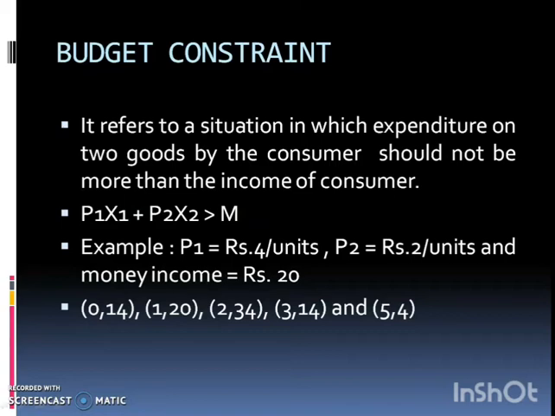For example, if the price of good 1 is rupees 4, the price of good 2 is rupees 2 and the money income is rupees 20, then bundles such as 0, 14; 1, 20; 2, 34; 3, 14; and 5, 4 are not attainable, because the expenditure on the two goods is more than the money income of the consumer.